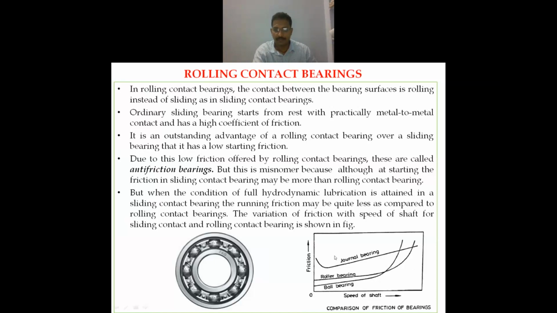Okay, from this graph of speed of the shaft versus friction between the bearings, when you observe, general bearings initially have high friction. As the speed increases, the general bearings will have less friction when compared with roller or ball bearings.